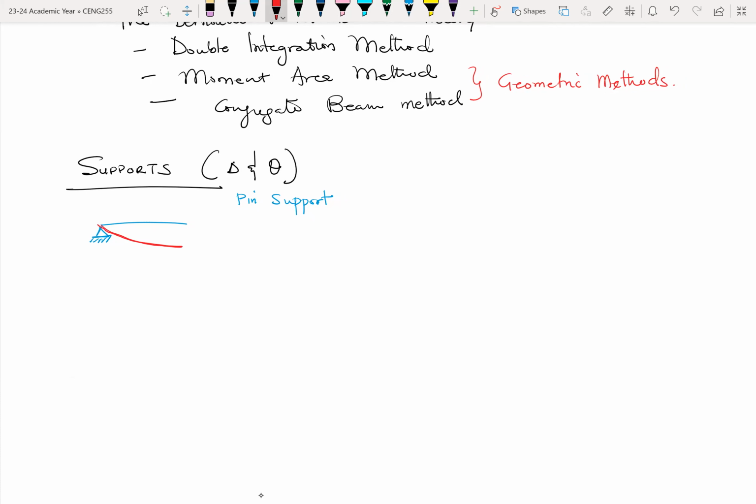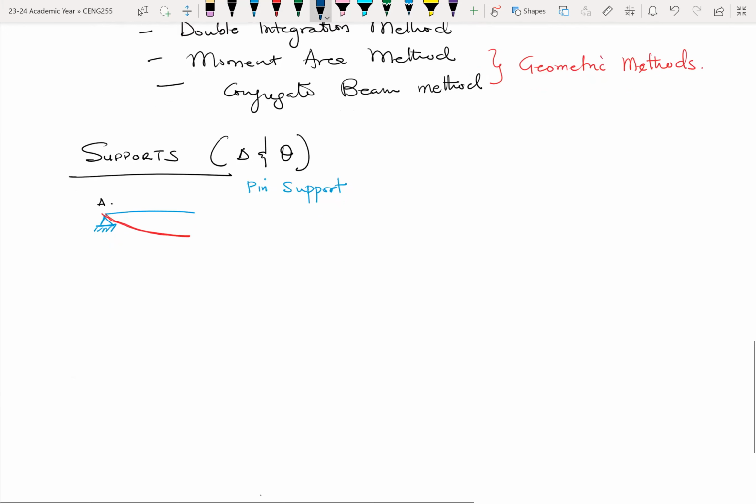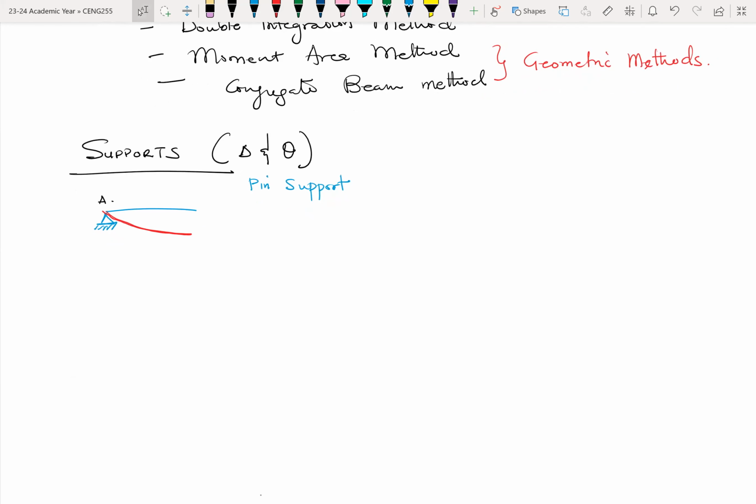It has this elastic curve to it. Let me call this point A. Now, when you take point A, we know that this support has how many reactions? It has two, right? HA and VA.